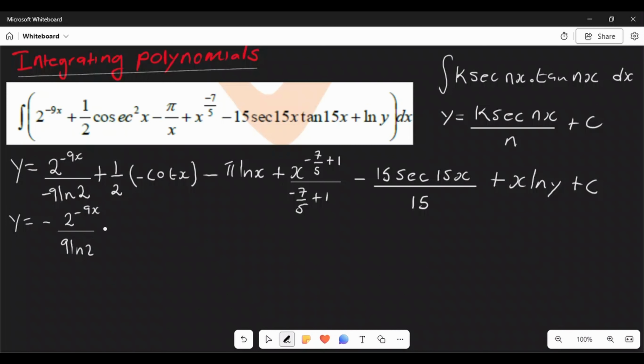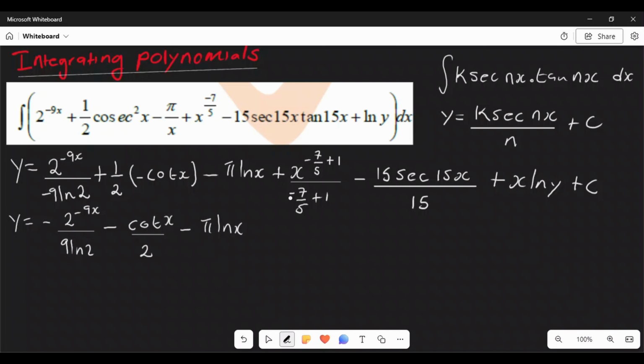And this one we just multiply by this half. This is gonna be negative cot x over 2. Even if you don't write 1 here, we are fine. And then the third one, there's nothing we can do here. It's actually fine. We have negative pi natural log then x.